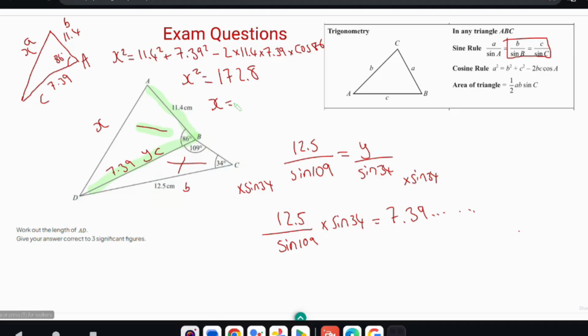Square root both sides. 13.1 to three significant figures.